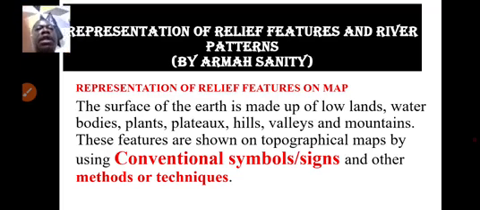Within this short time, we are going to look at some of these techniques, and place much emphasis on the relief features, how we can show them with contours and the conventional symbols.